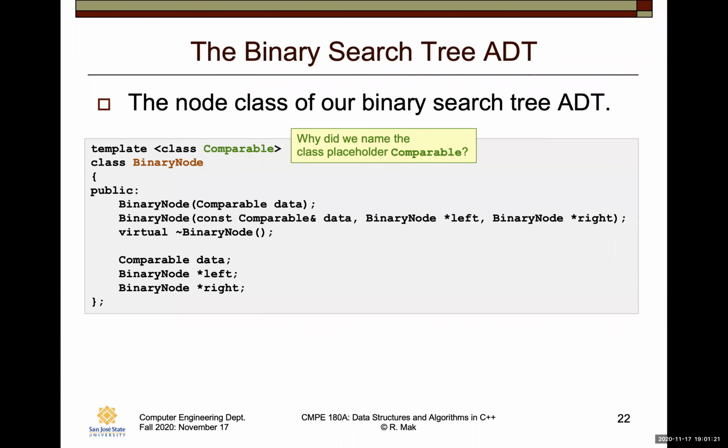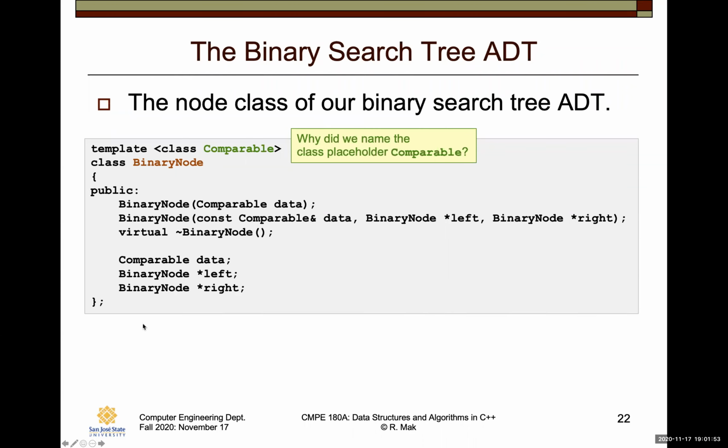All right, so let's do a binary search tree. We can then ask what kind of data we will put in the tree, and that can be a parameter. So here, binary node is actually a template class, and the placeholder is called Comparable. We'll see why we call it Comparable later.